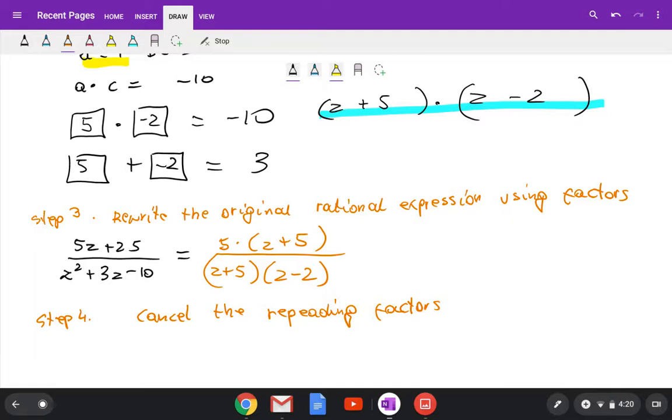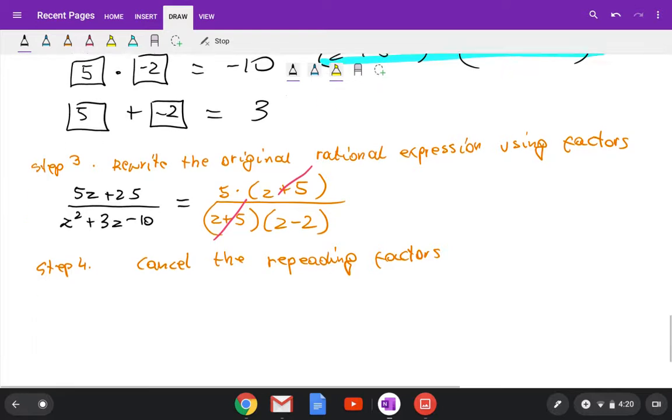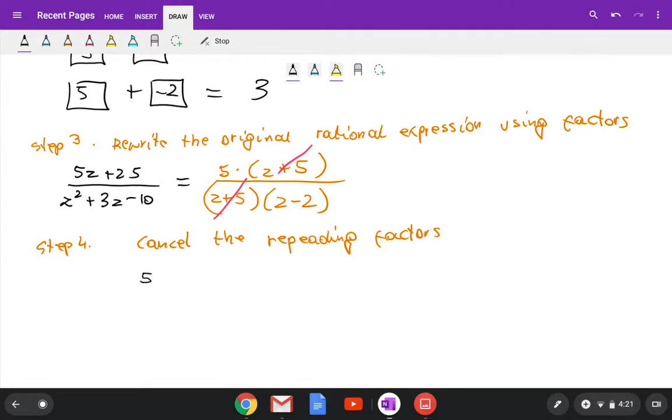In our case, what we're going to cancel, we have z plus 5 on the top and we have z plus 5 on the bottom. So this is the same factor, and we can simplify our expression. After canceling, we end up with 5 over z minus 2.